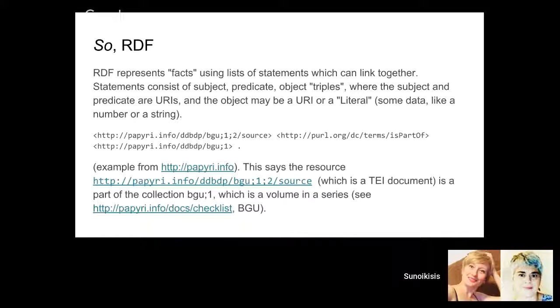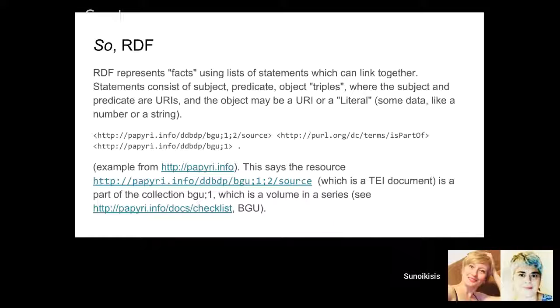So this is saying that this document's XML source is part of this collection. So BGU12, the document, is part of BGU Volume 1. So that's kind of straightforward, right?